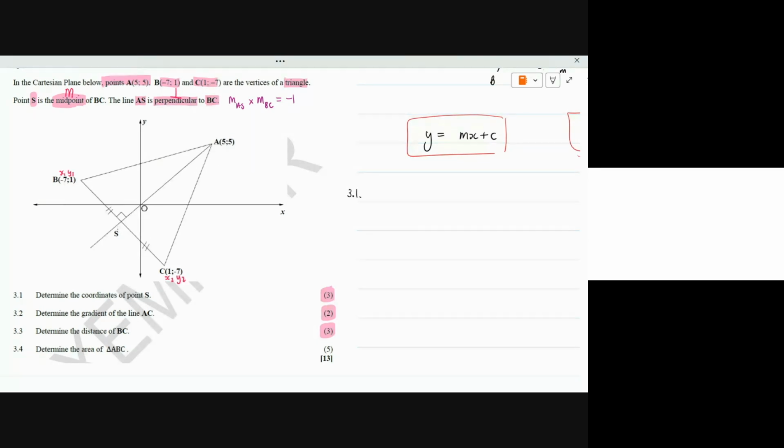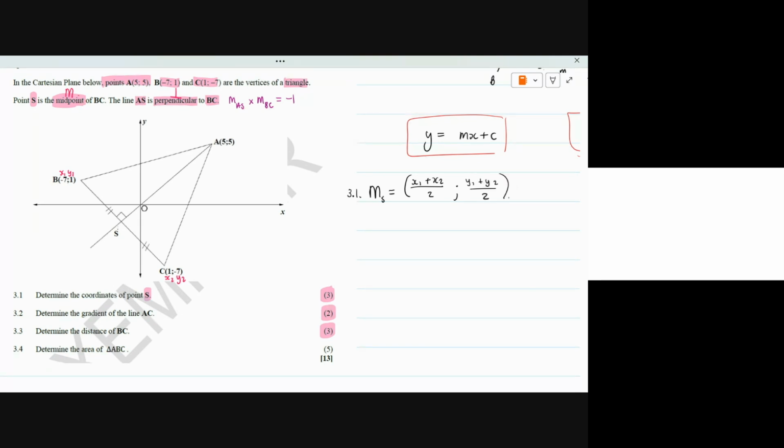Okay, the question for 3.1 is determine the coordinates of point S, which is the midpoint of B and C. The formula for midpoint is x1 plus x2 divided by 2 for the x coordinate, and then for y it is y1 plus y2 over 2.